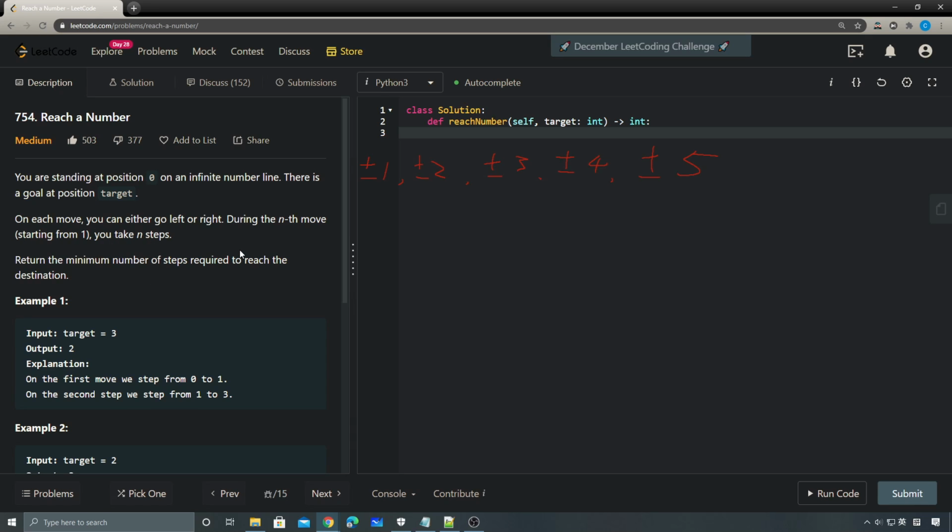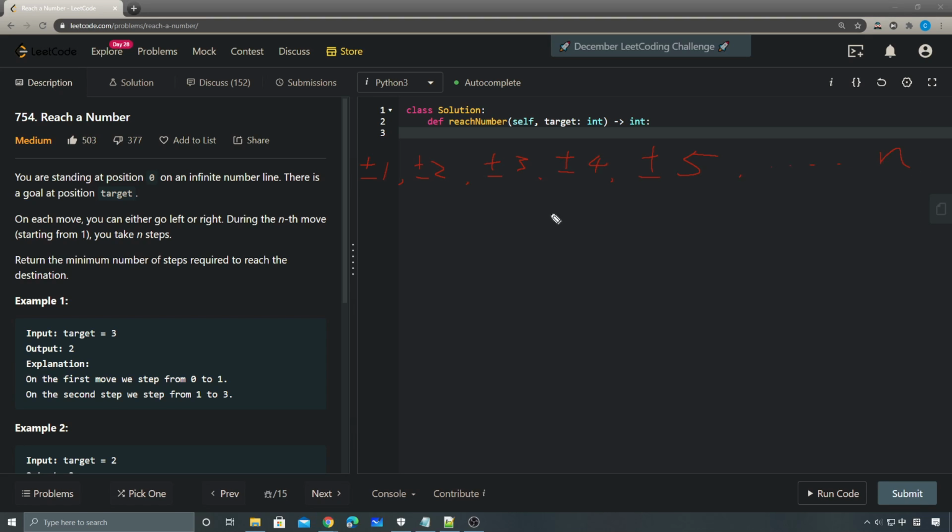For greedy, one of the observations we need to make is this. We have 1, 2, 3, 4, 5, until n.